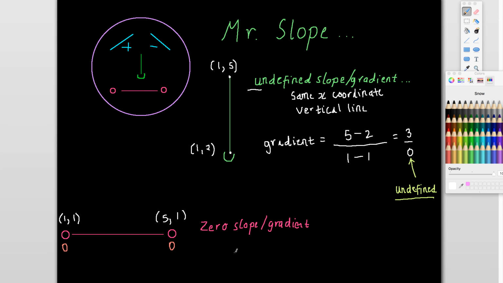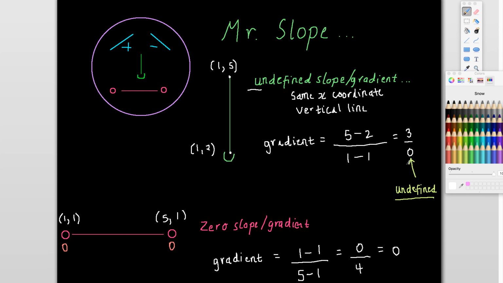If we do the slope, or the gradient, of this one, when we do the difference in our y values, 1 minus 1, notice that I'm going to get 0. Now this is equal to 0. So a 0 in the numerator is okay.